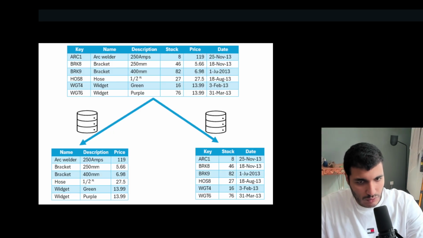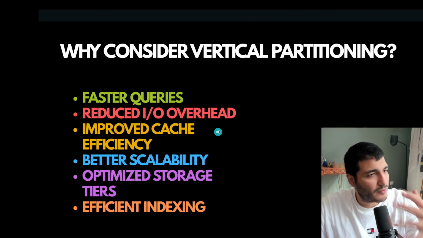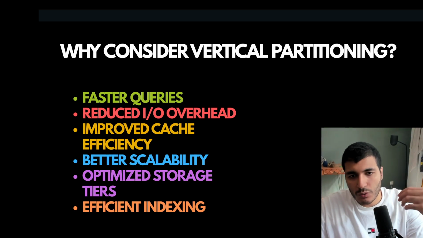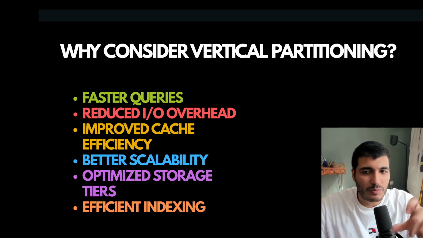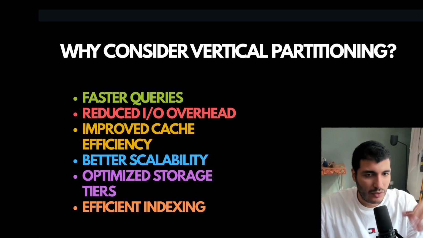Why is this important? Why should we consider this? First, it provides faster queries. When your queries only need to access a subset of columns, they have significantly less data to scan. This directly translates to faster response times and a smoother user experience. Number two, we reduce the I/O overhead.